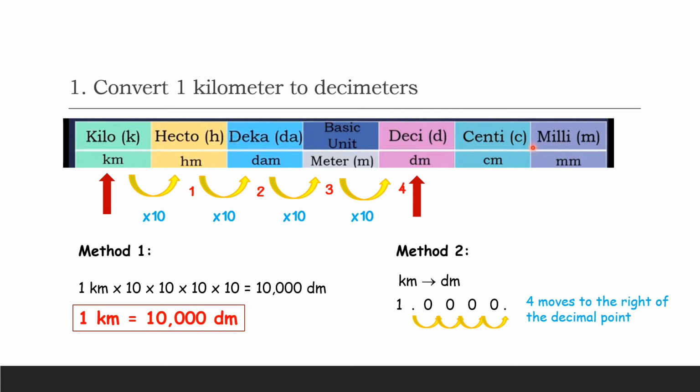So we have moved the decimal point to the right 4 times. Therefore, 1 kilometer is equivalent to 10,000 decimeters.